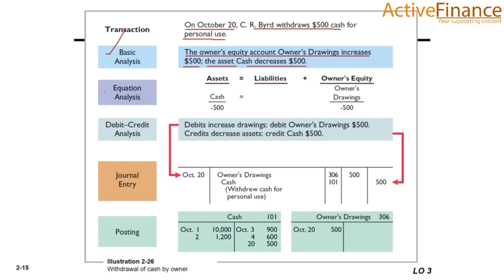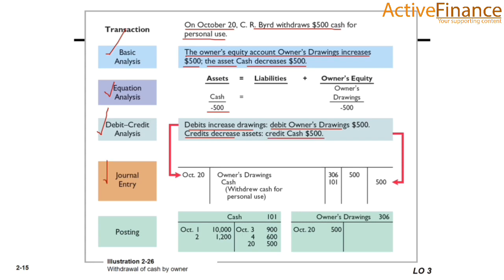So in equation analysis, we will decrease assets, the cash account, by 500, and we will subtract 500 from owner's drawings. In debit and credit analysis, debit increases drawings, so we debit owner's drawings 500, and credit decreases assets, so we will credit cash 500.